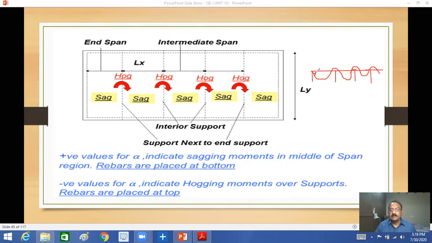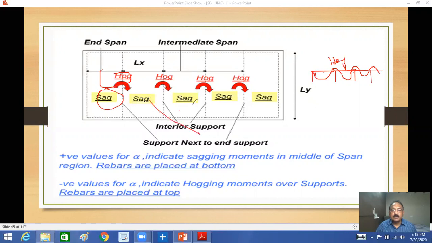This is the end span, this is the middle, this is the interior support next to the end support, and these are interior supports.